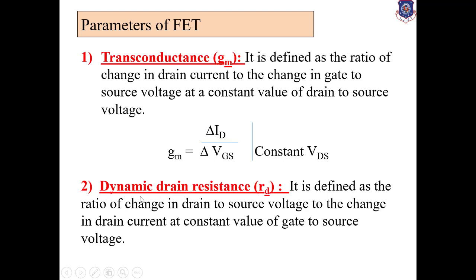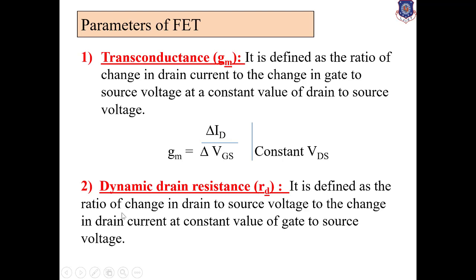Okay, fine. Let's continue with the next definition, that is dynamic drain resistance, rd. In simple language, we all know resistance is V by I. Here also we will define it like that only, but it is denoted by small rd. It is defined as the ratio of change in drain to source voltage to the change in drain current at a constant value of gate to source voltage.